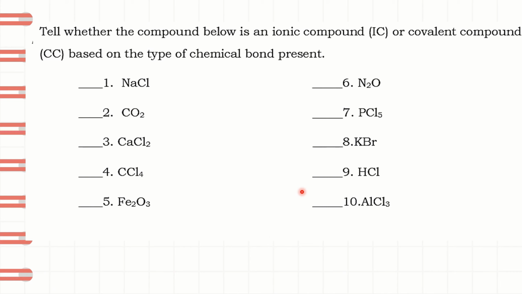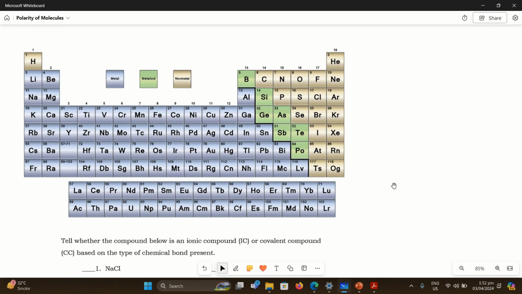Now, for example, how will we determine? Ito yung pinakauna on how do we determine the type of molecular polarity of this compound. So, let's take this example. So, meron tayong periodic table of elements dito wherein naka-color na kung sino si metal, metalloid, and non-metal.